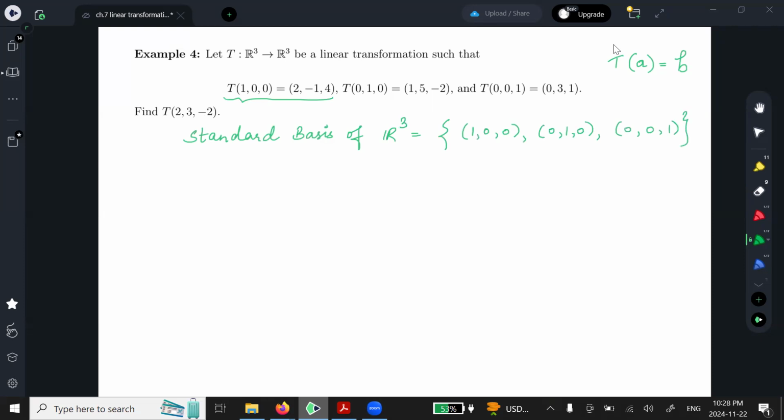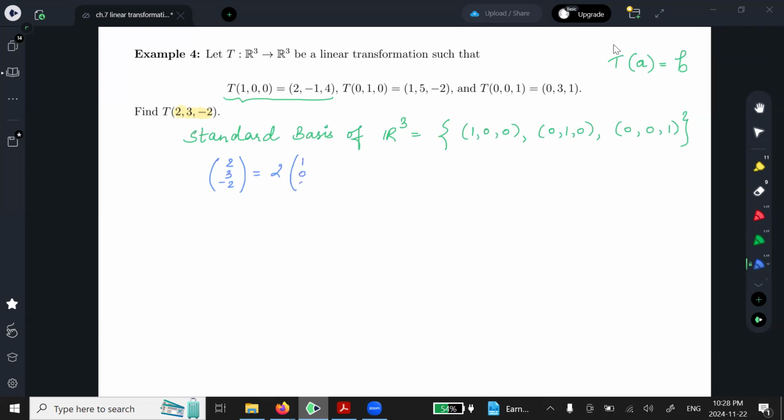And I'm given the image of each of these vectors under the linear transformation T. I need to find the image of the vector 2, 3, and -2. So the first thing I'll do is write the vector as a linear combination of these three.